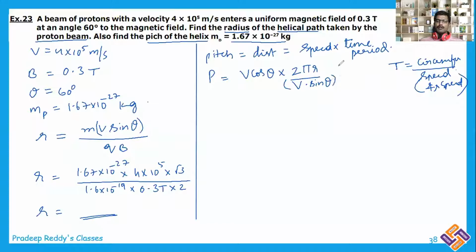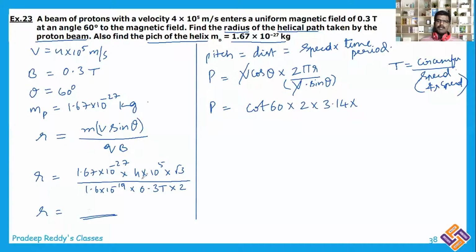So you can take these values. P is equal to v and v gets cancelled, and it is cos theta by sine theta, that is cot 60, into 2 into pi, which is 3.14, into the radius of curvature.